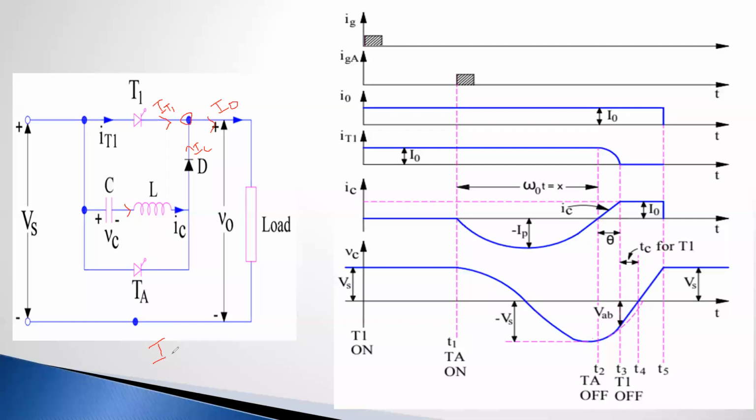Now apply the KCL at this point. The sum of the incoming currents is equal to the sum of the outgoing currents. At this junction, the incoming currents are IT1 plus IC, that is IT1 plus the capacitor current, equal to I0.